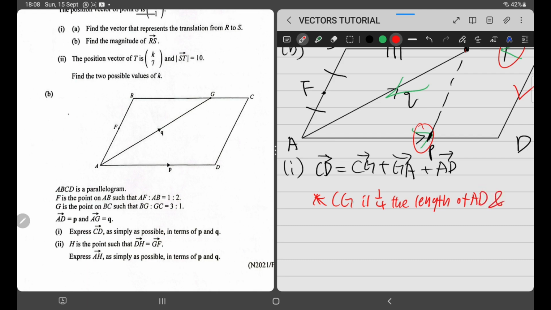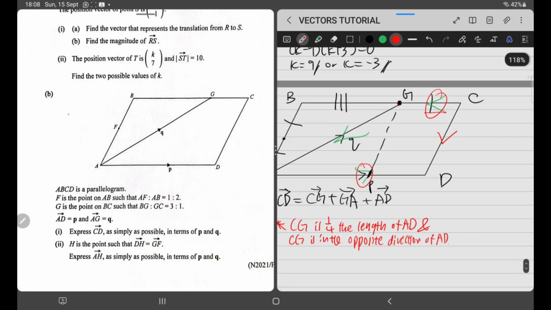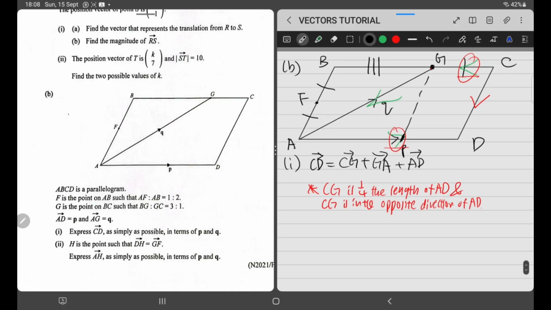And at the same time, CG is in the opposite direction of AD, as you can tell. Right? They are in opposite directions. Therefore, CG is negative 1/4 AD.